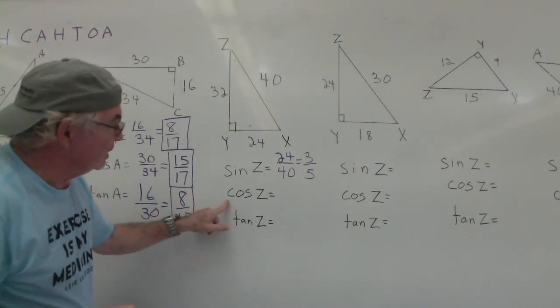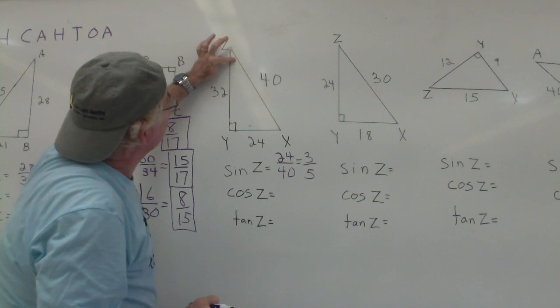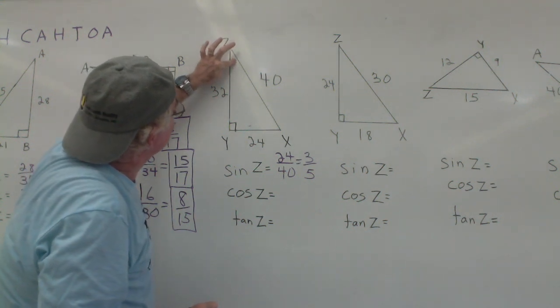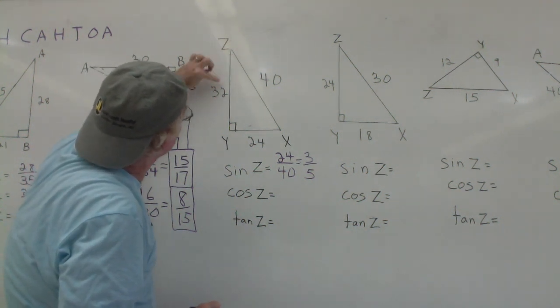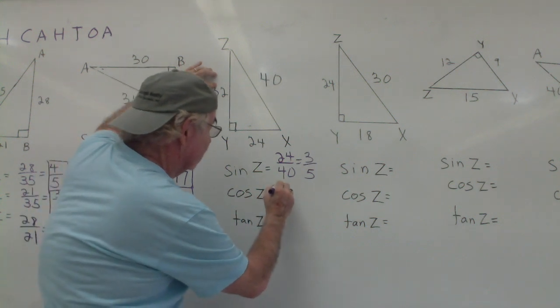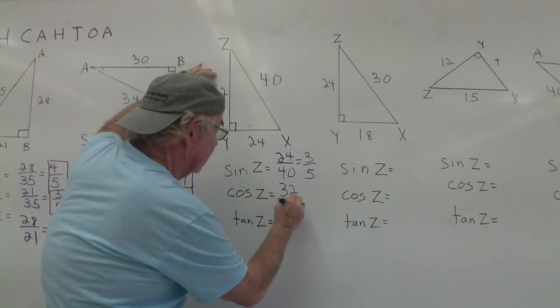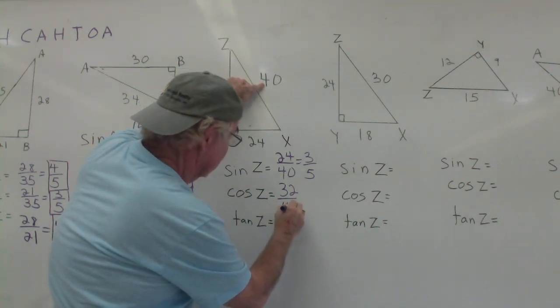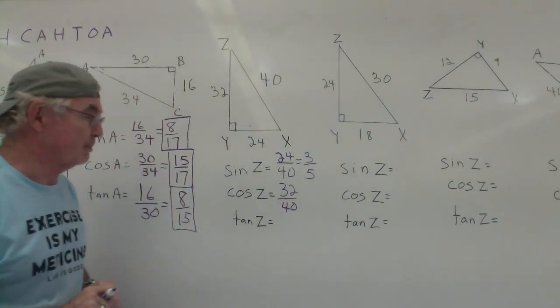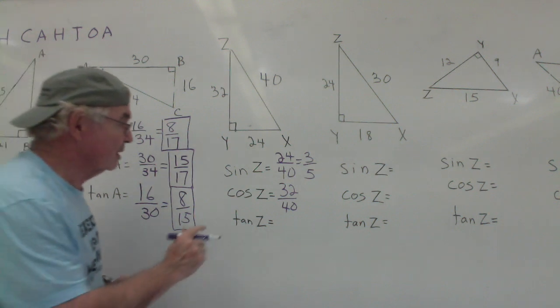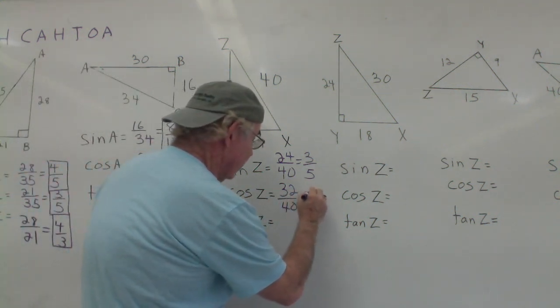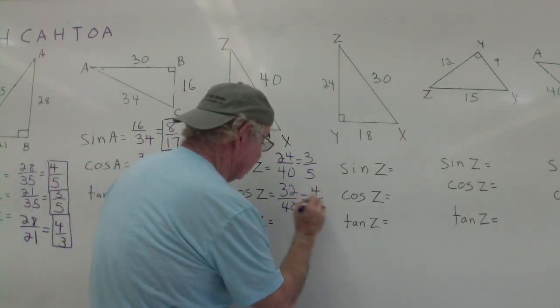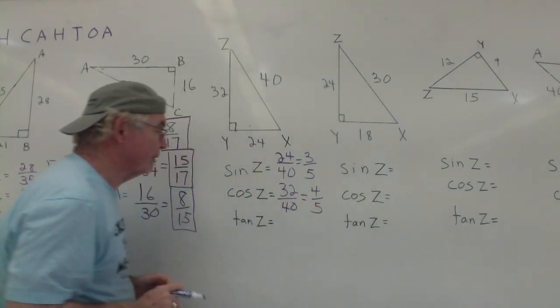The cosine of Z is the adjacent side. That's this one. It's touching it. 32 over the hypotenuse, 40, and reduce it by 8s. 8 goes into 32 4 times, and 8 goes into 40 5 times.